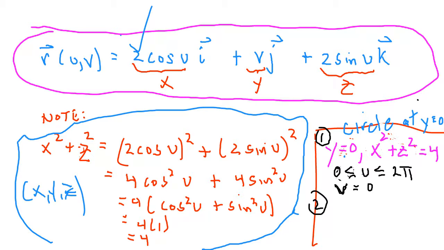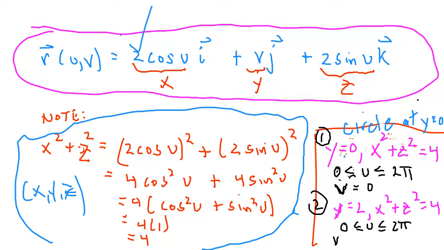Now, if we had, for instance, y equals 2 and x squared plus z squared equals 4, those points on the surface would correspond to the parameter u being anywhere from 0 to 2 pi, because that would trace out a circle.